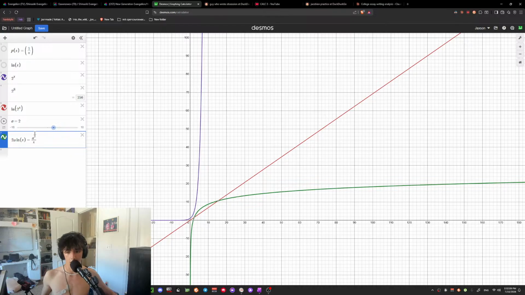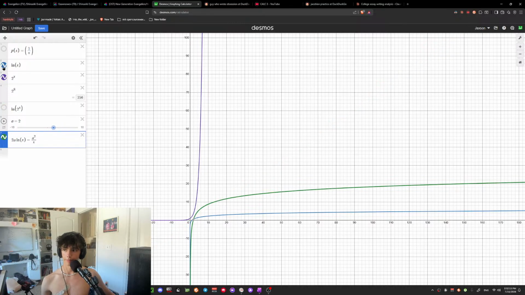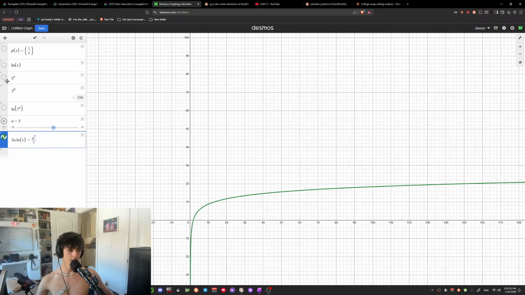So this green line shows us perceived monitor difference. So x is the initial size. A is the difference in size.